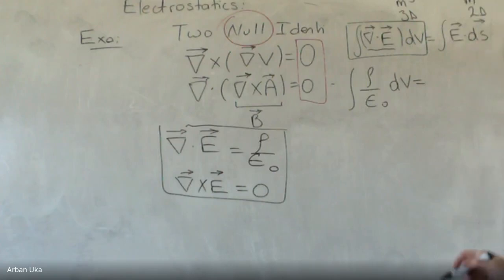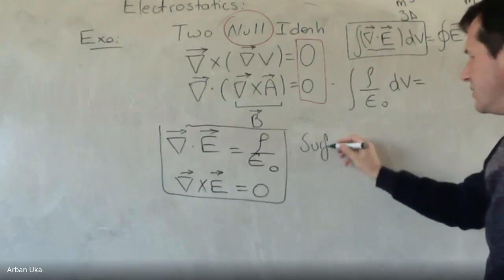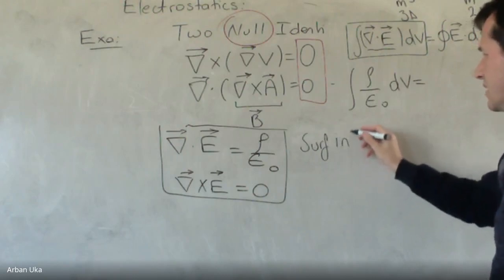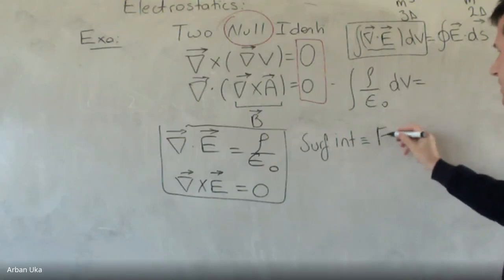This is going to be equal to, and if we look at this side, this is a closed integral, which means that this is the flux. Last time we mentioned that surface integrals, for the sake of this course, are equivalent to flux integrals, okay?